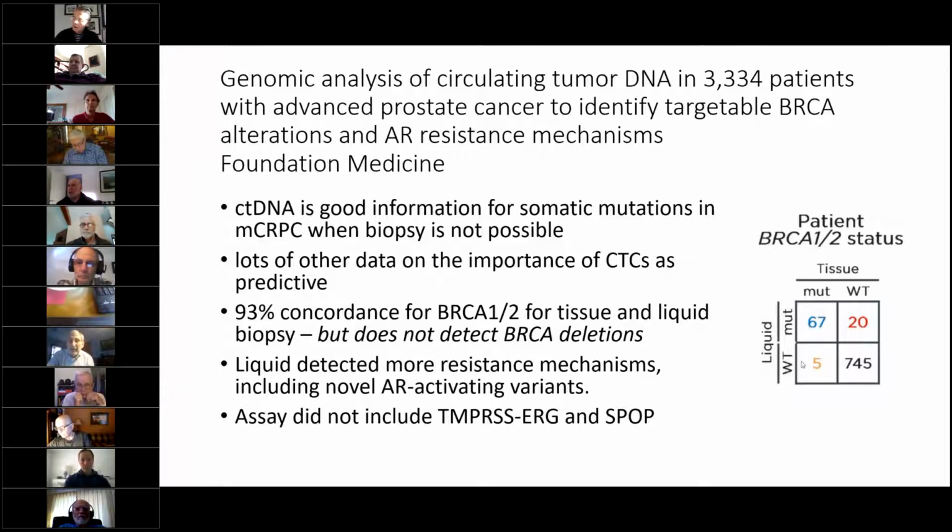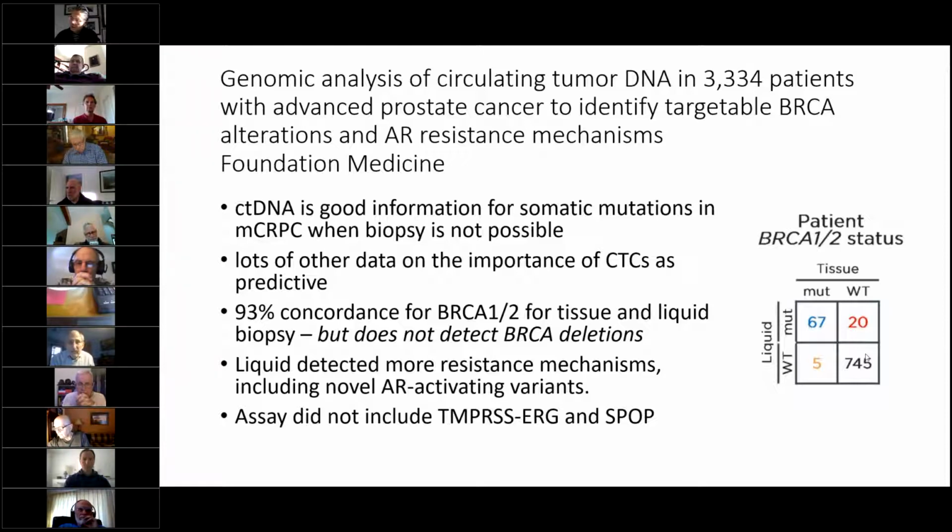And that's what they detect, wild type and mutation. And what you can see is the concordance is very high, that the agreement between the liquid and tumor biopsy in terms of the numbers of samples that overlap is very, very high. And the disagreement is pretty low.